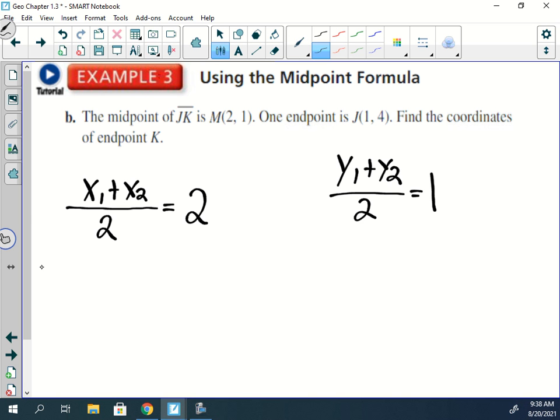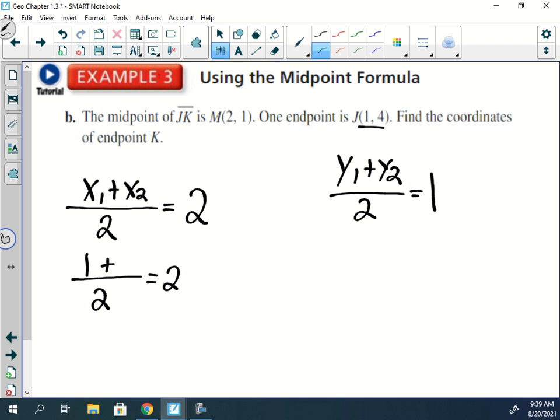So most likely that means I'm going to find one of the other endpoints. One endpoint is J at 1, 4. Find the coordinates of the endpoint K. So, looking at our x values, I know what one of the x's is. It is 1, yes?